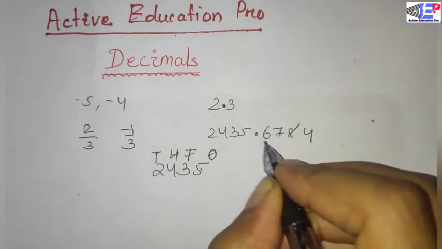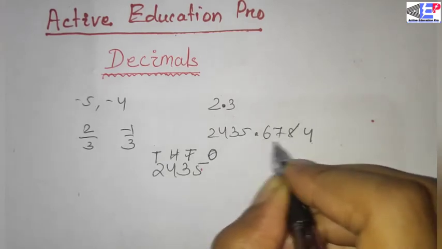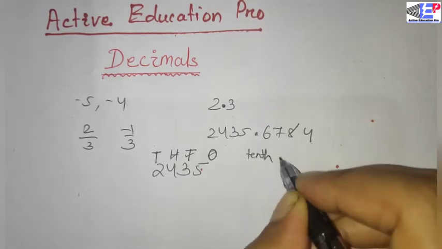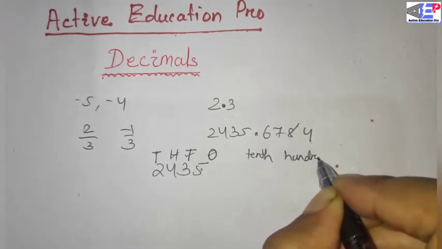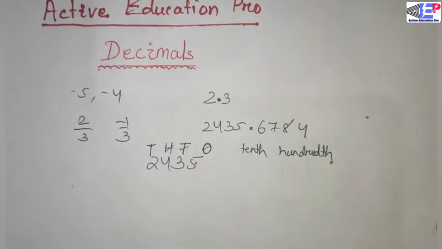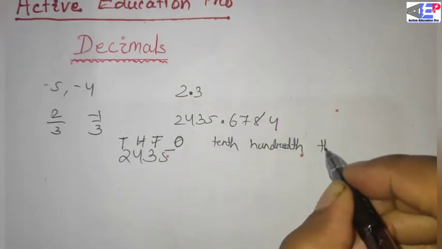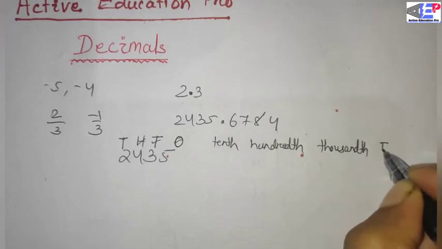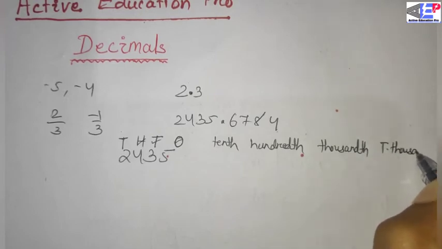But after the decimal point, the right side positions are the tenths position, hundredths position, thousandths position, and this is the ten-thousandths position.